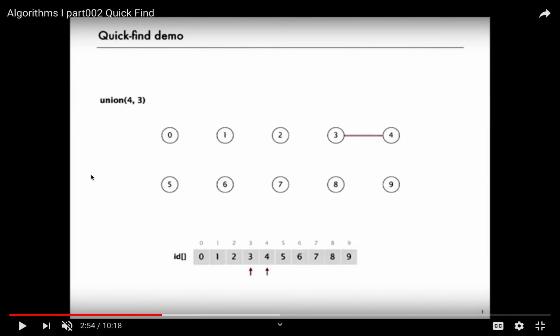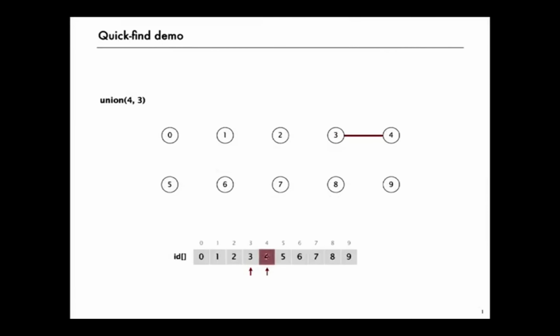So union 4, 3 means the ID of 4, which is currently 4, should be replaced with the ID of 3, which is 3. So 4 should be replaced by 3.